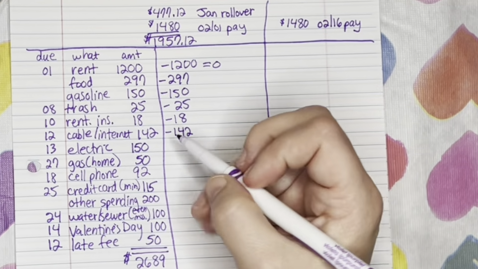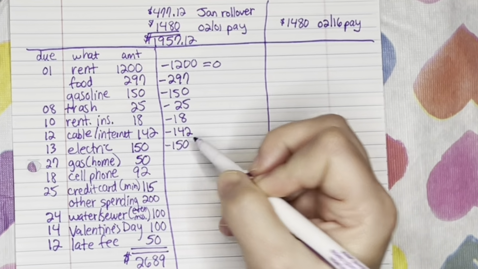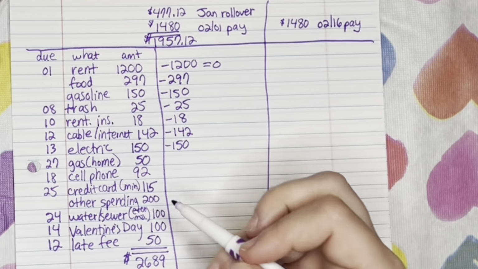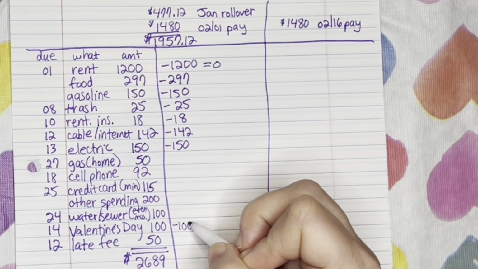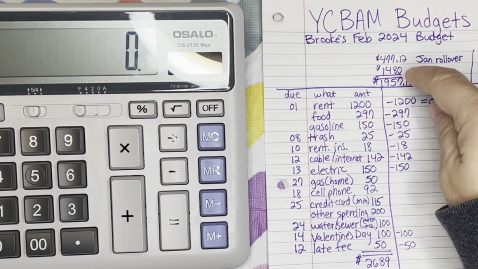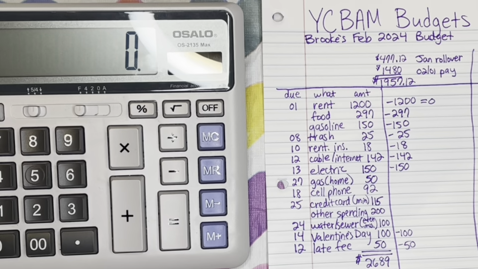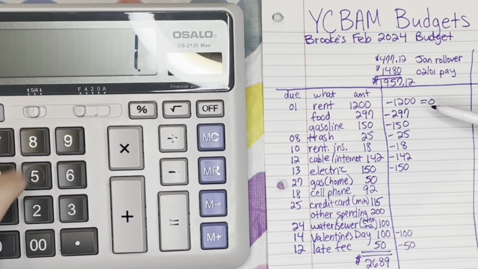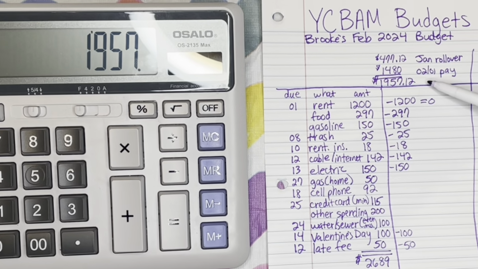So her electric is due on the 13th. That's before the 16th. These are after the 16th. These two are before the 16th. And let's see if she has enough money to cover all of these. And we're not going to count the pennies.